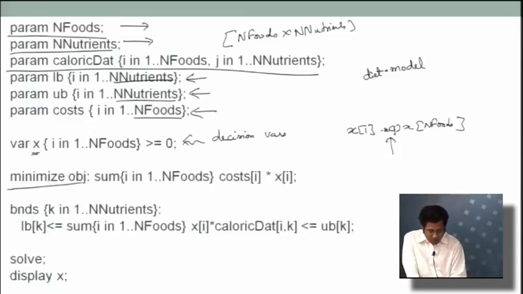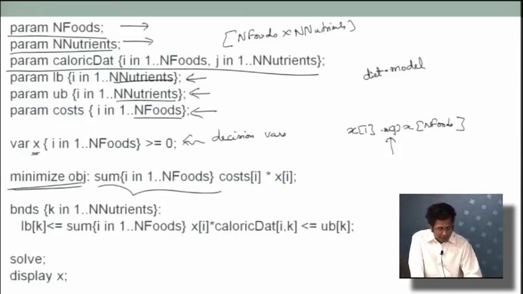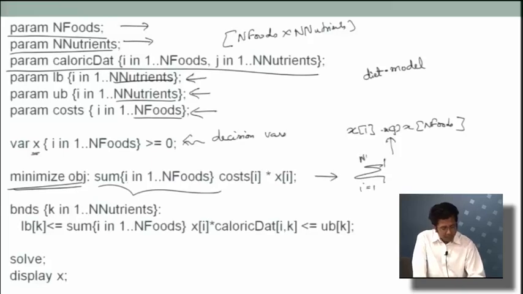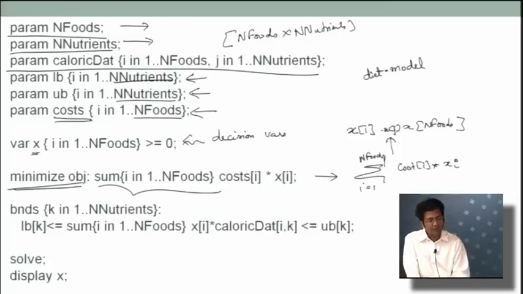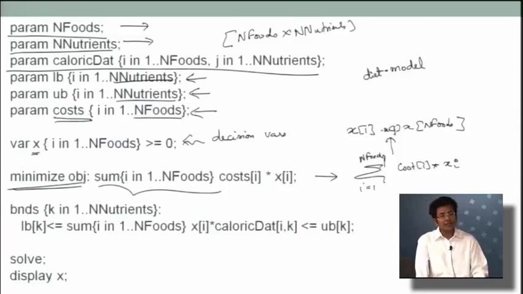And now you minimize an objective, not maximize, and the objective is going to be the summation over i going from 1 to n foods of the cost of the ith food times xi. Okay, the cost of the ith food is already given to us as a variable. The data will give us the cost, and then we just say it's cost of i times xi and sum it up, and that's the total cost.